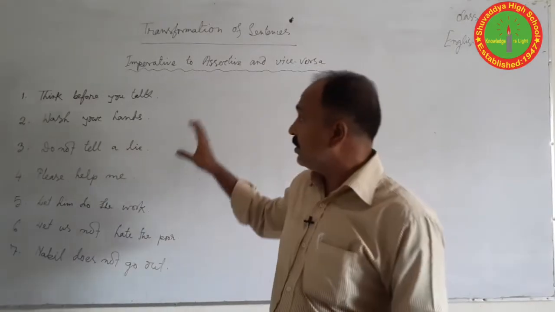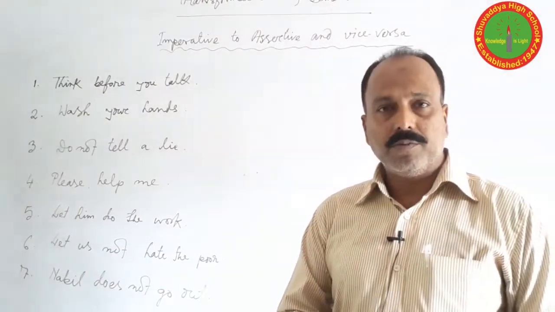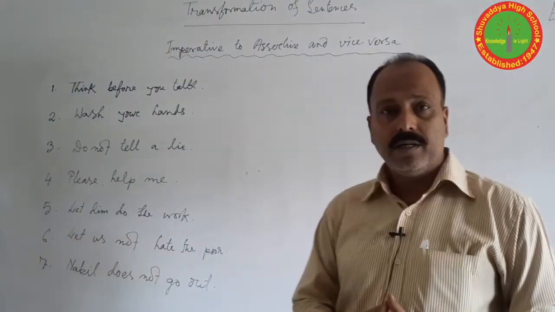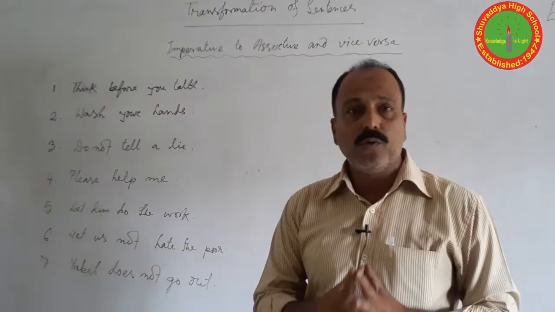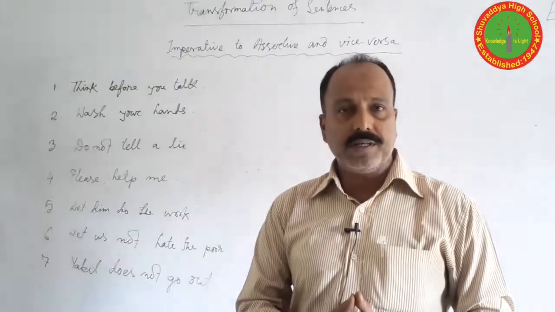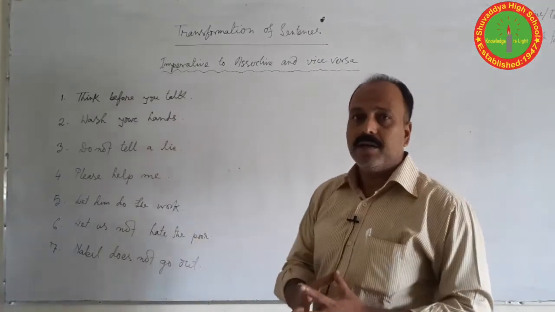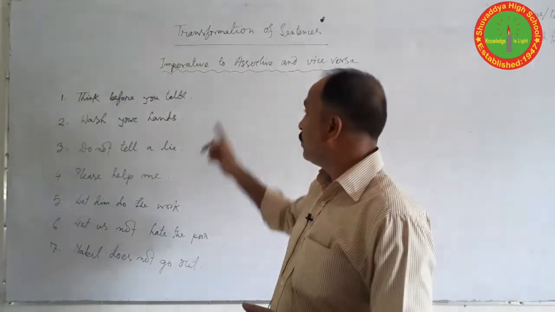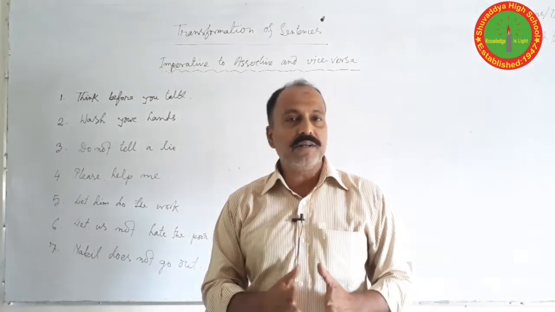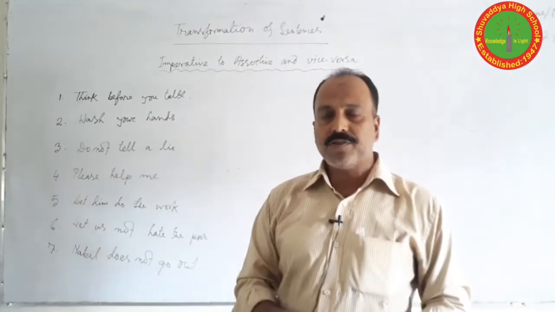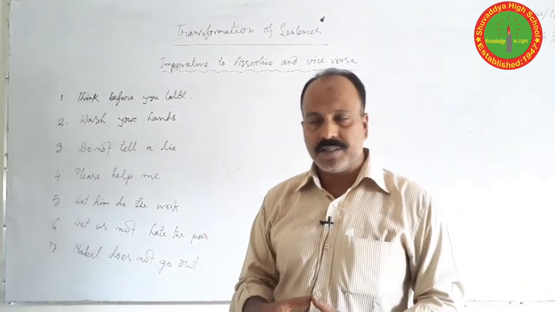Before I start, let's talk about some words about the topic. Here is the imperative sentence. Do you know what an imperative sentence is? We have already known the assertive sentence, so we should know what an imperative sentence is. An imperative sentence is a sentence that refers to an order, command, request or suggestion.